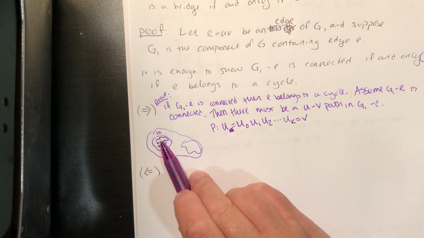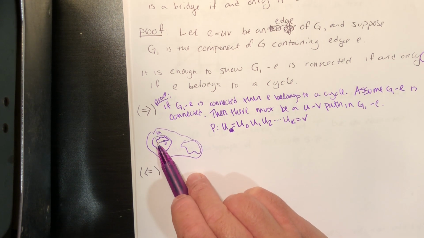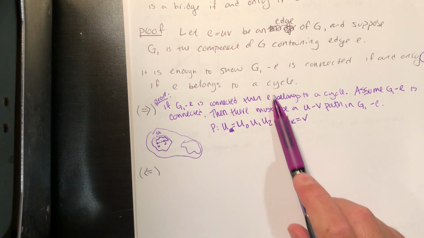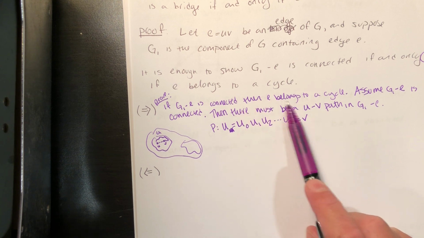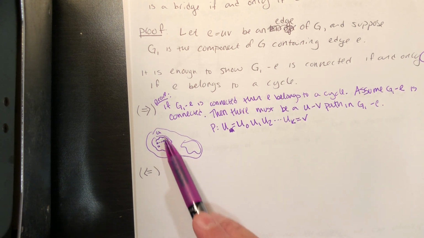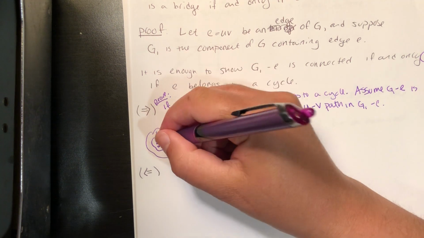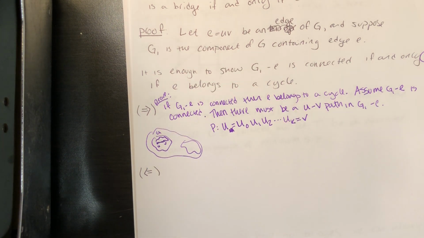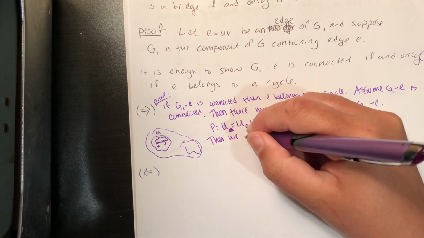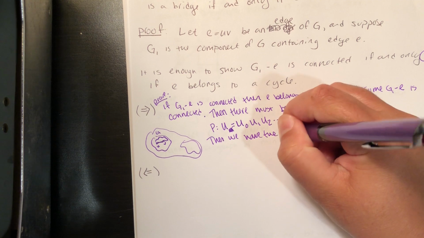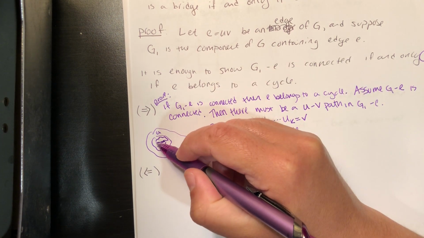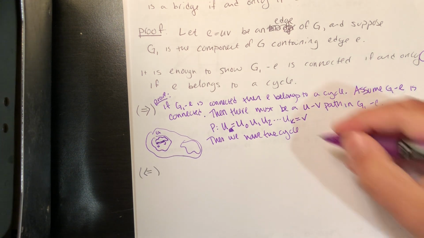This is our path here, the one that's actually drawn in, your path from U to V. We need to show that E belongs to a cycle. In this component, without having deleted it, E would be this edge here. From the picture, it's pretty clear what this cycle would be. We have the following cycle, which essentially says follow that path from U to V, and then use the edge E to go back to the beginning.